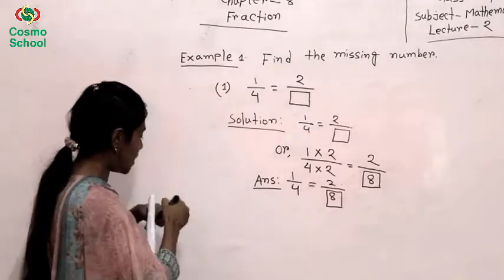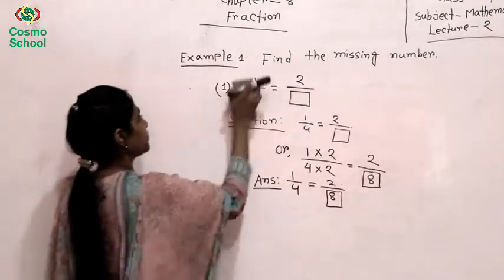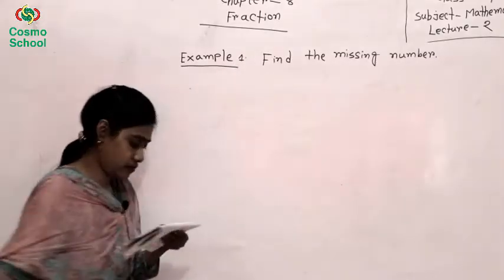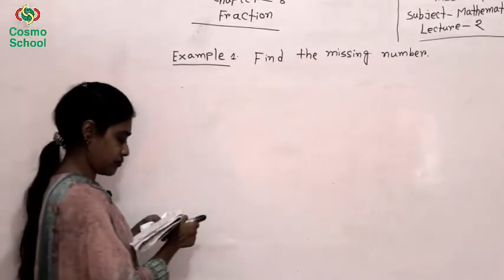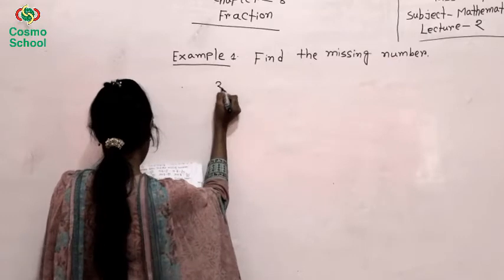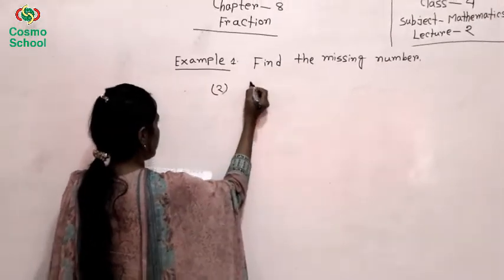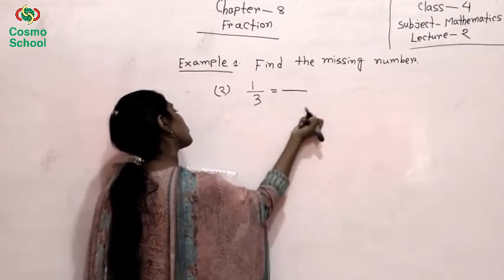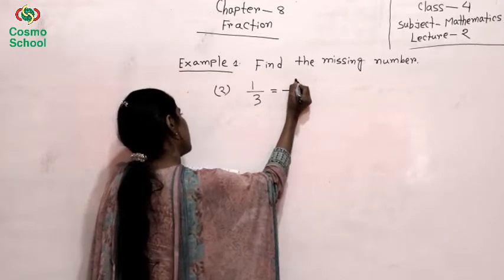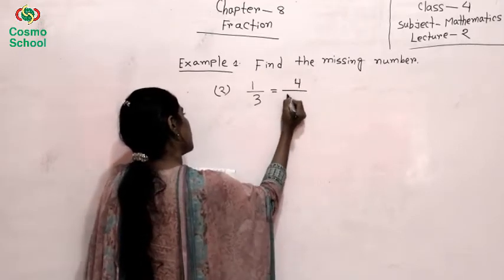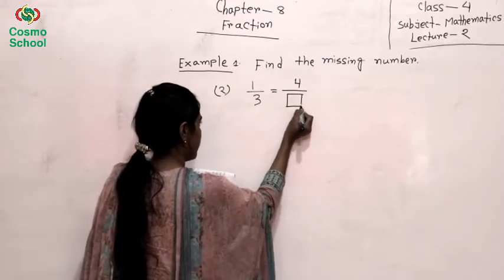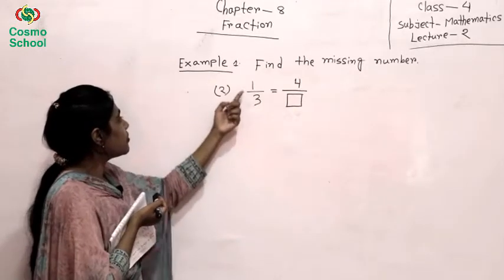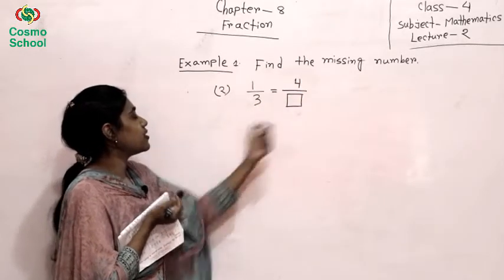Now the second math. Here is also a math. 1 divided by 3 equals 4 divided by something.